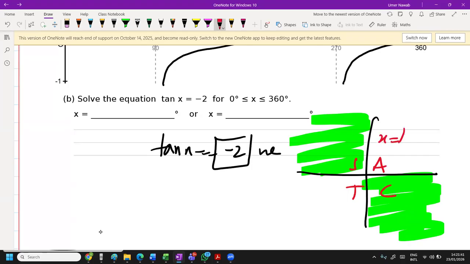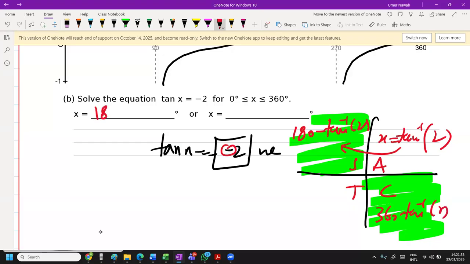Get your x, inverse tan of 2. Don't write the negative sign. And if you want to send it here, 180 minus inverse tan of 2, 360 minus inverse tan of 2. These are my answers. 180 minus inverse tan of 2, 360 minus inverse tan of 2.